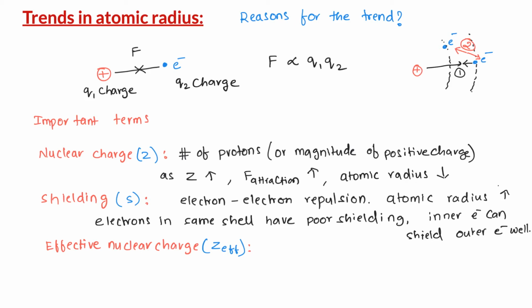The effective nuclear charge is the net nuclear charge experienced by the outermost electrons after the shielding. That is, Z effective is equal to Z actual minus shielding. And the effective nuclear charge is the property that correlates well with atomic radius.